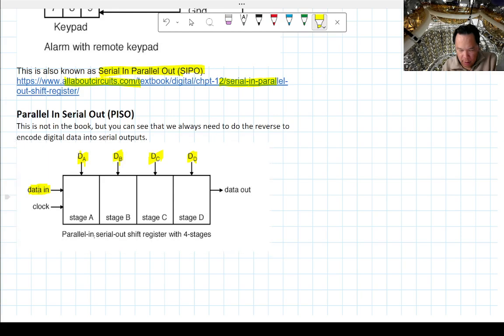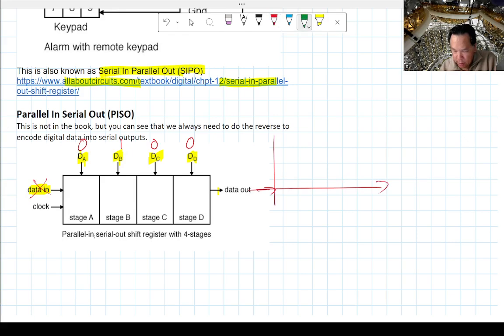The data can come in, but we don't worry about that construction here. Let's just make up some data set here, 0, 1, 0, 0.